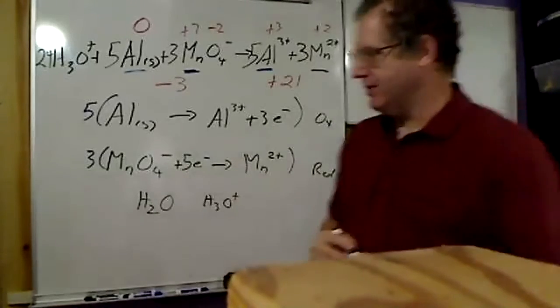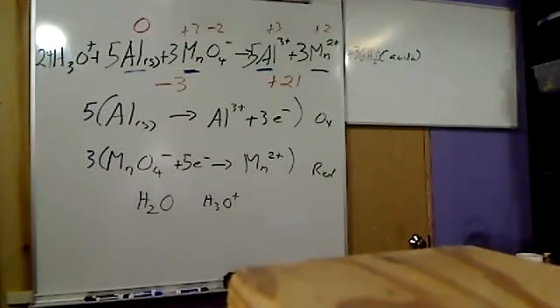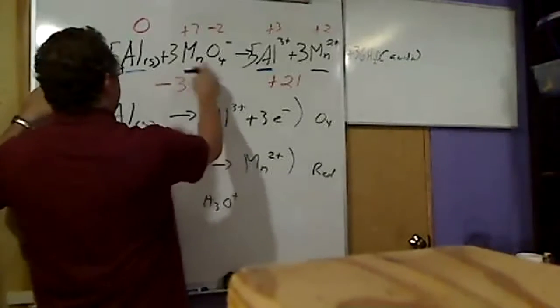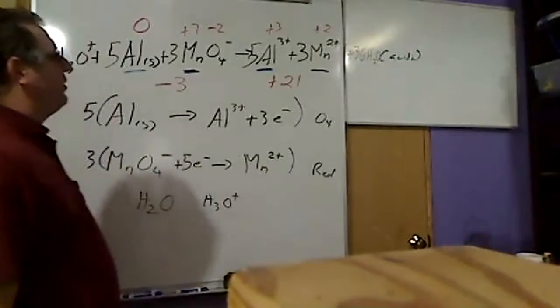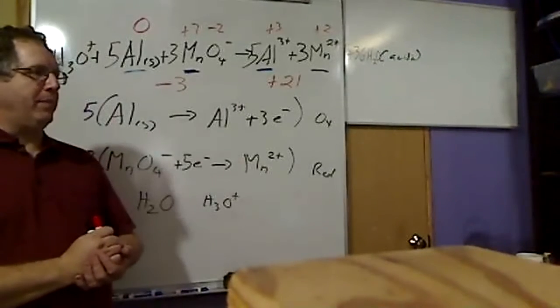Now, in this case, I have 72 hydrogens on the left, 72 hydrogens on the right. On the right side, I have 36 oxygens, and here I have 24, 3 times 4 is 12, 36 oxygens on the left side. Holy cow, the whole thing balanced.